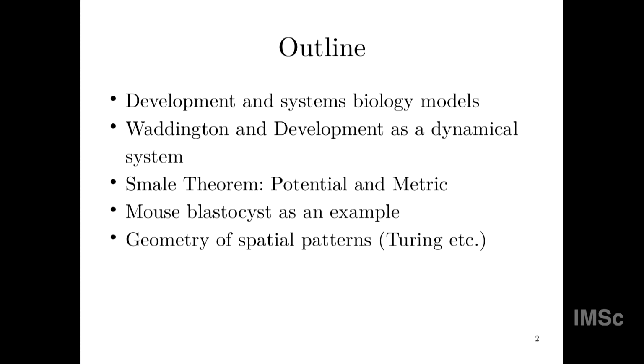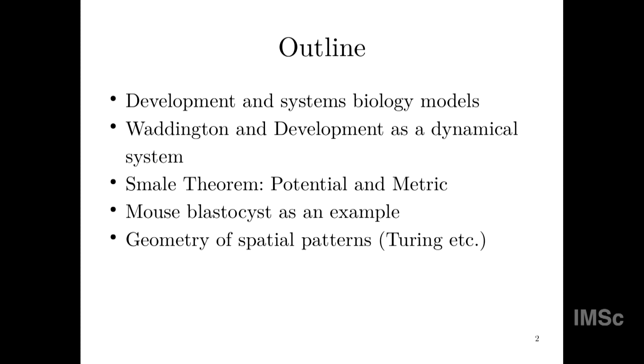I'm going to start with saying a little bit about development and developmental biology, and mainly what I need. I'm going to talk a little bit about systems biology models, and then I'm going to try and introduce a framework that was used by early experimental embryologists, in particular Waddington, to think about development as a dynamical system.